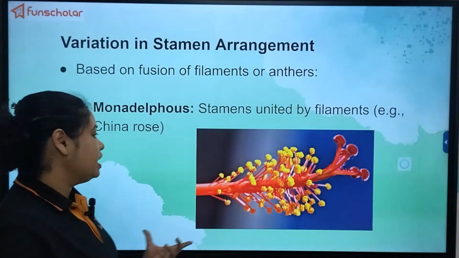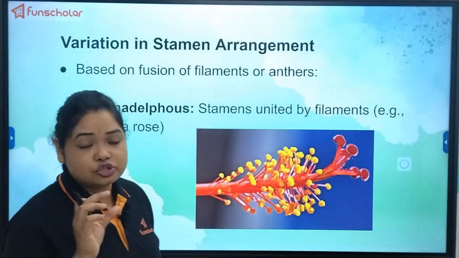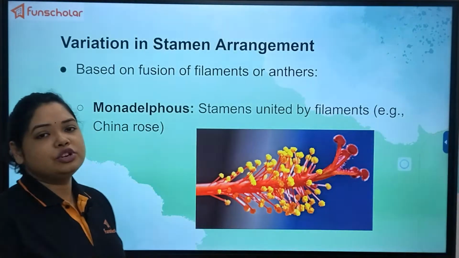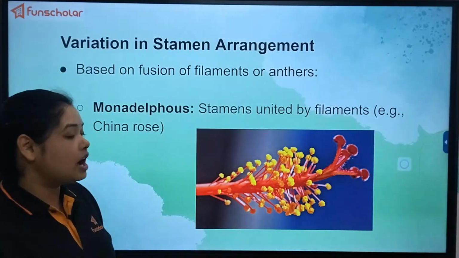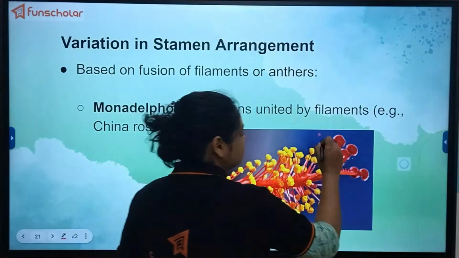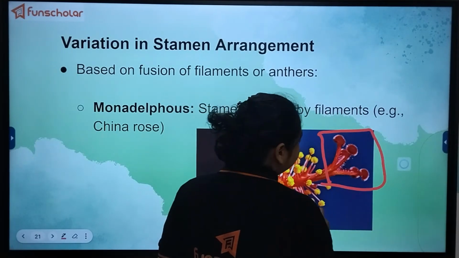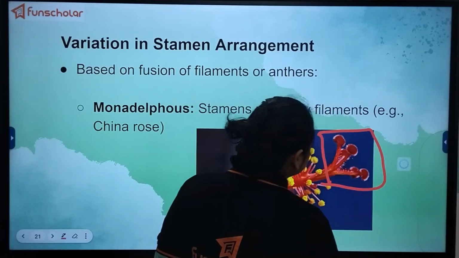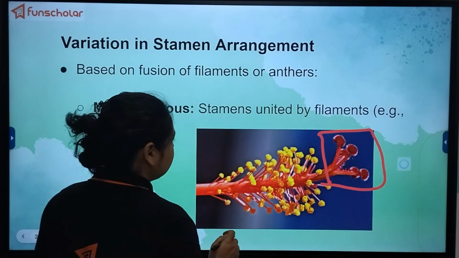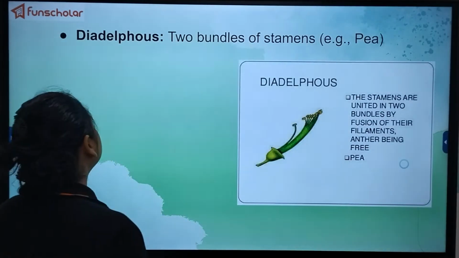Example, in case of hibiscus, you can see here that the filaments, means the stalk of the stamen which holds the sac or the anther on the top, are fused together. So they are fused together, and it is the case of monoadelphous stamen.